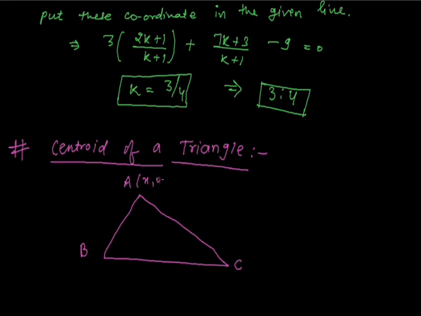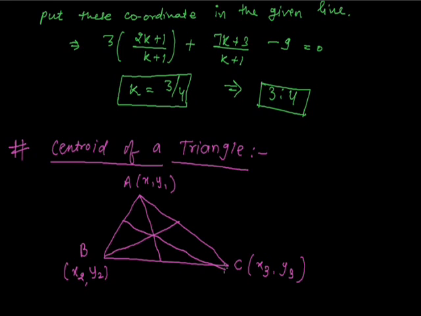and the coordinates of these points are given as x1, y1. The definition of centroid: it is the point of intersection of medians of a triangle. जहाँ ट्राइंगल की तीनों मीडियंस इंटरसेक्ट करती है उस पॉइंट को अपन नाम देते हैं सेंट्रोइड.